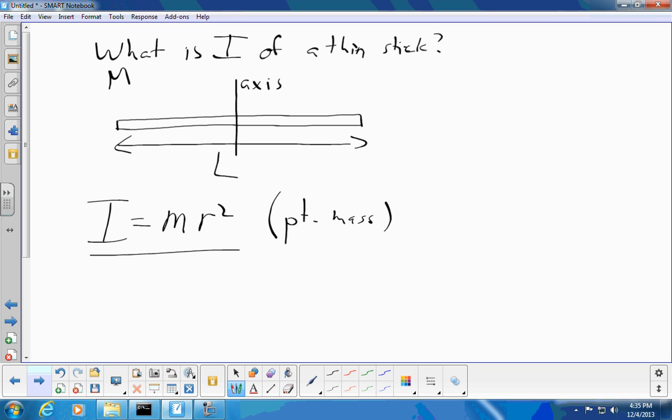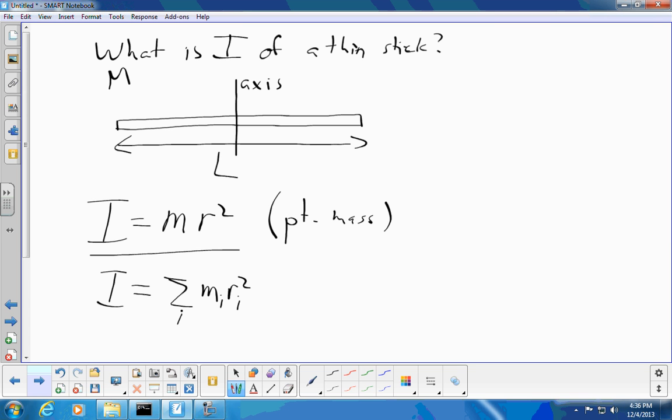By the way, let me also point out that for the point mass formula, if I have more than one point mass, as I did in the example in class with two masses on a string going in a circle, the total rotational inertia is the sum of all the mr squared products. And so I can do this m_i r_i squared, and I sum over i. So I'm going to add up all the mr squared products.